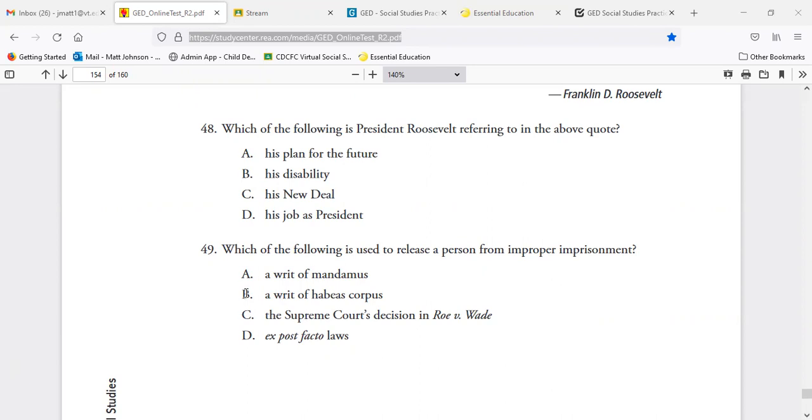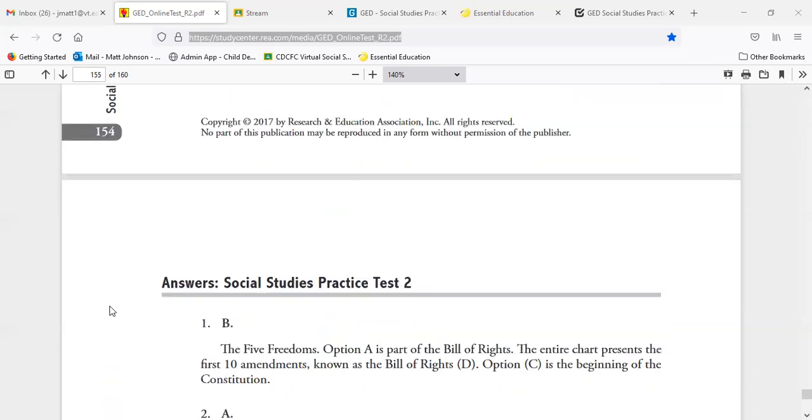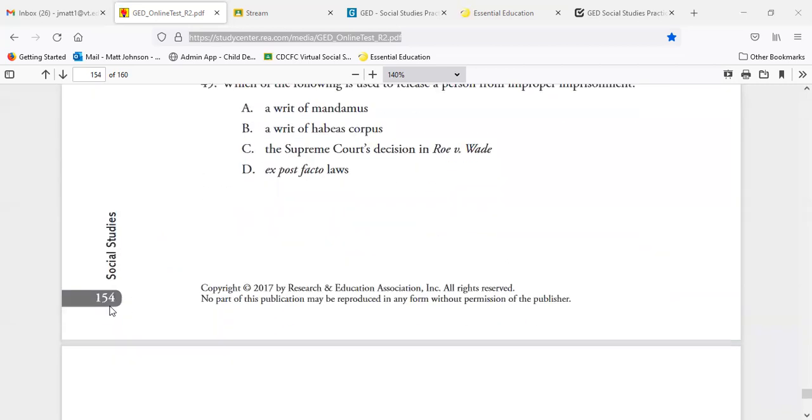So during the Civil War, Abraham Lincoln suspended the writ of habeas corpus so he could hold people without formal charges, mostly related to the war. That is a function that I think he signed an executive order to do. But if it comes to the release of a person for improper imprisonment, it's the writ of habeas corpus. And that is the end.